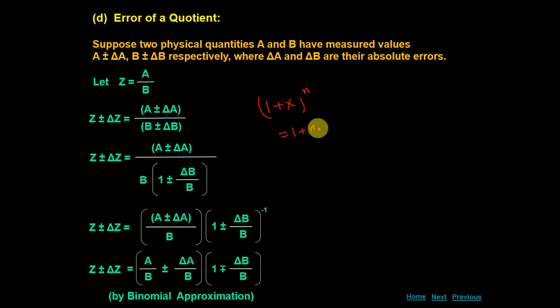The power comes down here, and the binomial theorem gets applied. Otherwise, if you do the binomial theorem in mathematics, you get higher terms, x square, x cube terms. But as I said, x is very small, so x square would be still smaller, x cube would be smaller, and higher terms we are going to neglect.